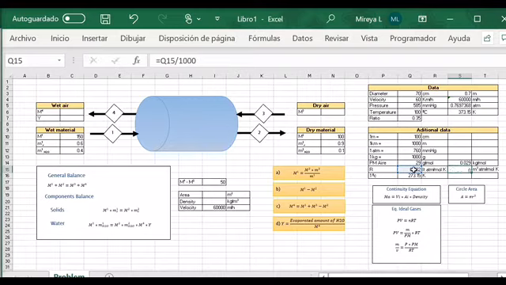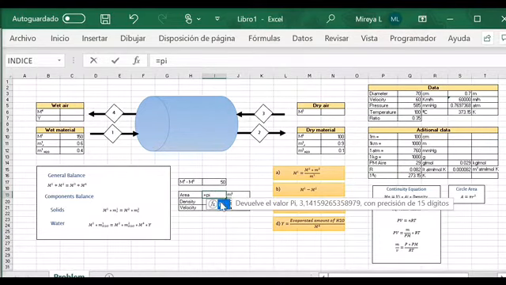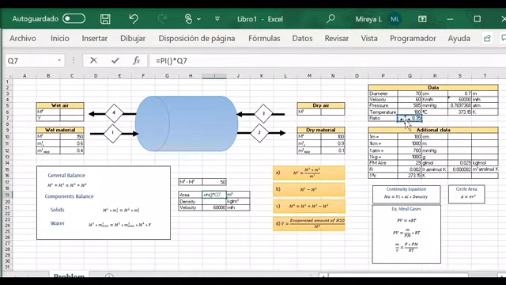Now that we have all the information in proper units, we will proceed to first calculate the area with the equation of the circle area. And now we will calculate the density with the equation of ideal gases.